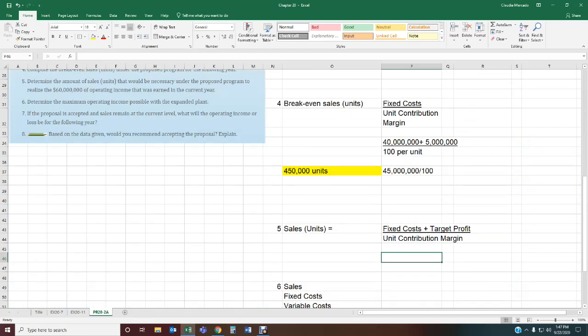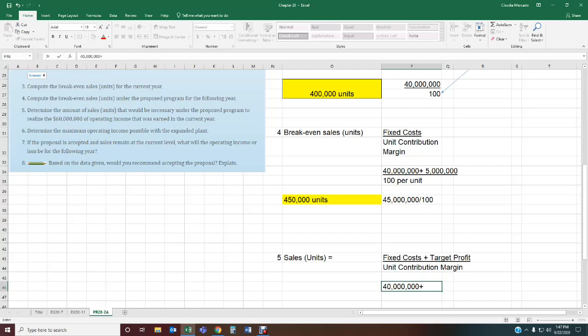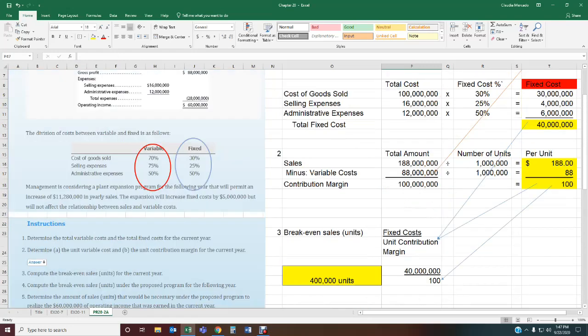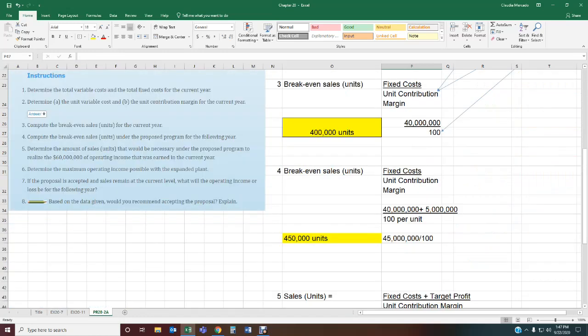So that would be 40 million, plus my target profit. What is my target profit for number 5? We want to make 60 million. And I'm going to divide by the unit contribution margin, which we had already calculated over here of $100.